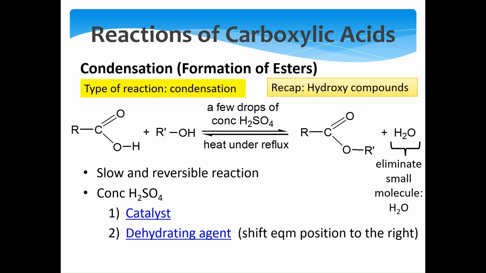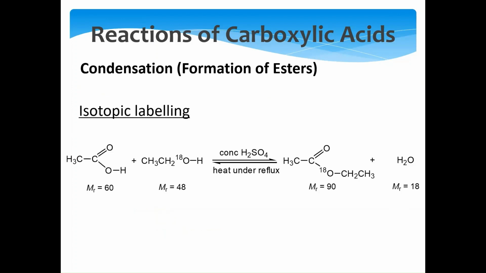So how do we know how the carboxylic acid and alcohol react, and which bonds are being broken in this condensation reaction? We use a method known as isotopic labeling, where we use an alcohol that contains the oxygen-18 isotope.